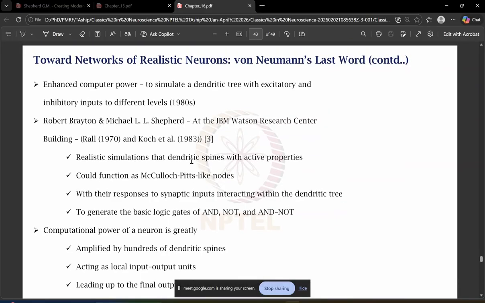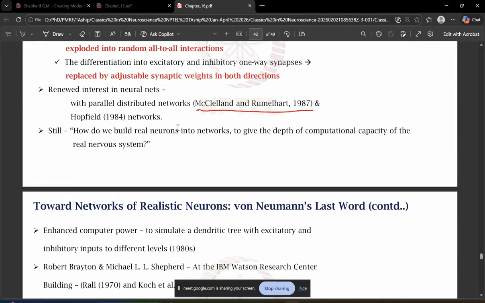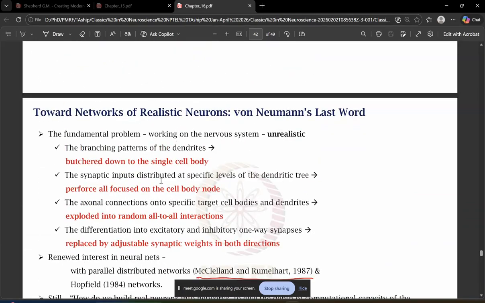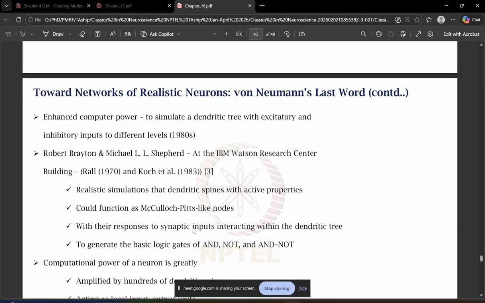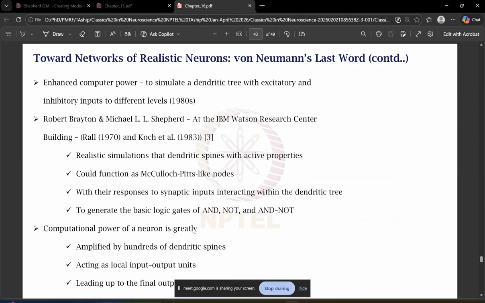All of these together shifted the unrealistic neural network designs that were being made to more realistic neural networks that were being proposed.